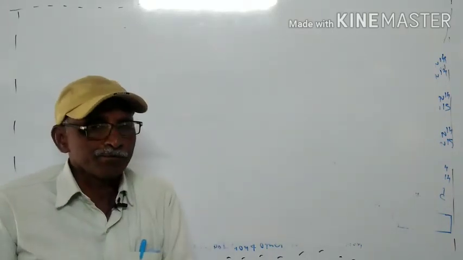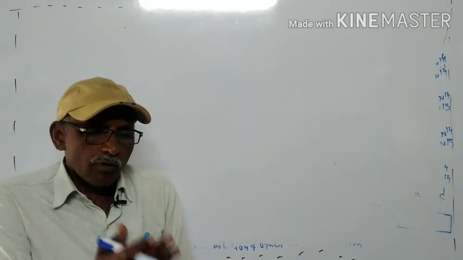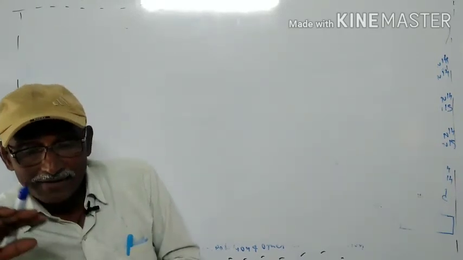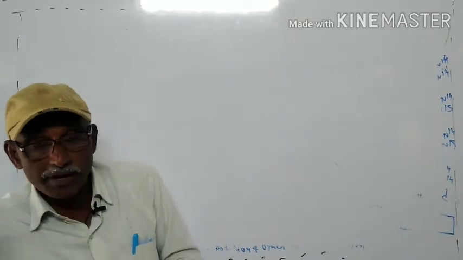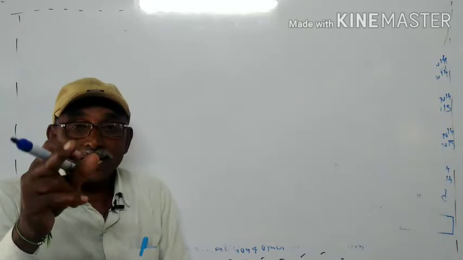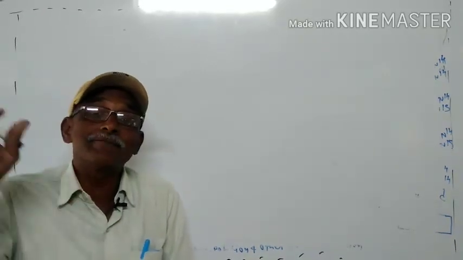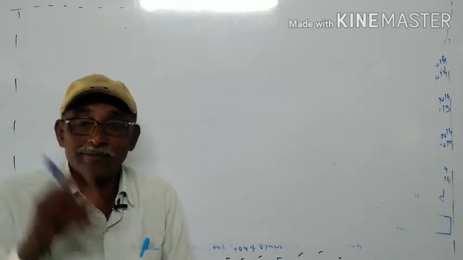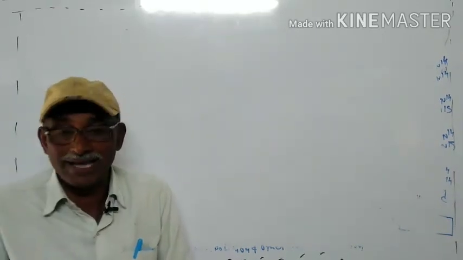And when mRNA is formed from DNA, this process can also be reversed. From mRNA, DNA is also formed, by which enzyme? Reverse transcriptase enzyme. It is done in certain viruses.